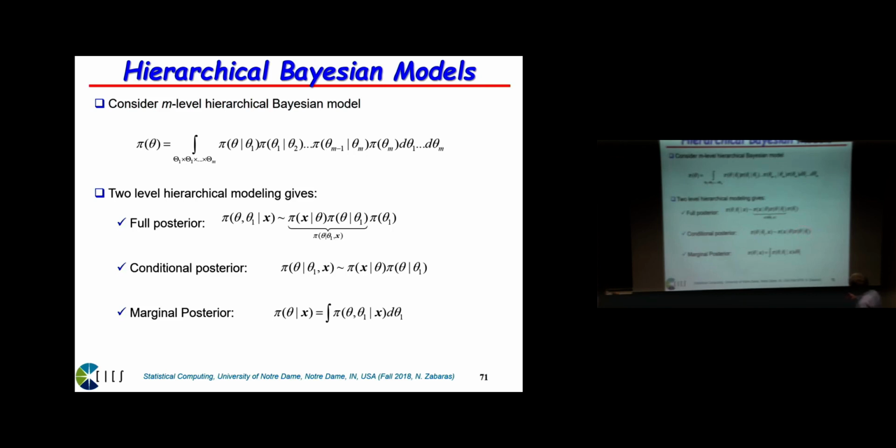So instead of having the prior here, you have the conditional of theta given theta 1. And of course the other very good thing, if you can do it, is to integrate theta 1 out. I'm going to give you a table at the end that summarizes all the possibilities that someone can do.